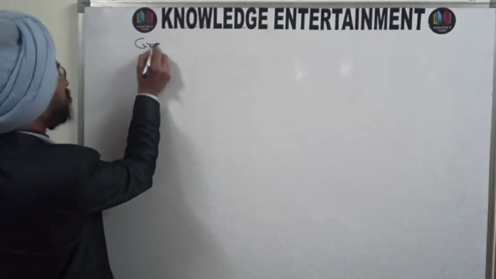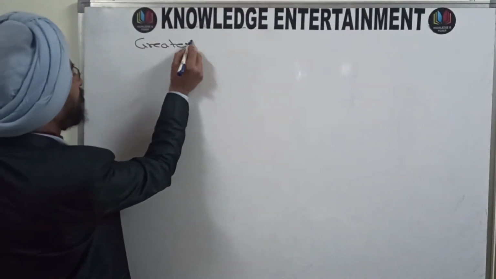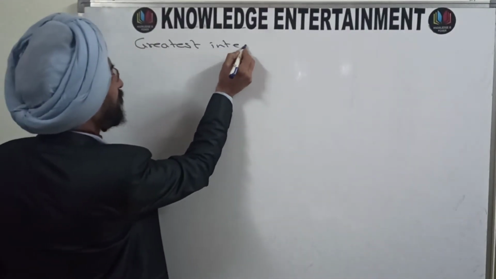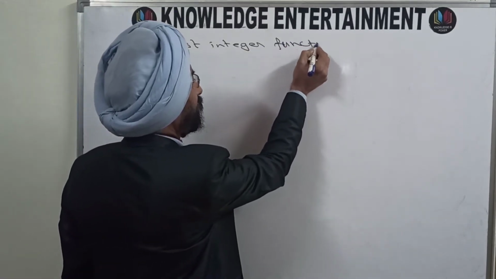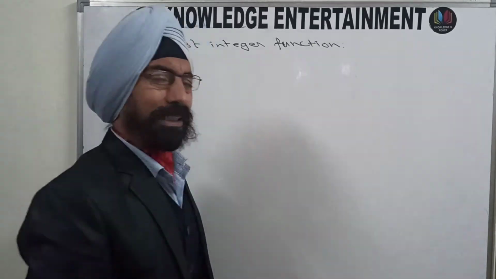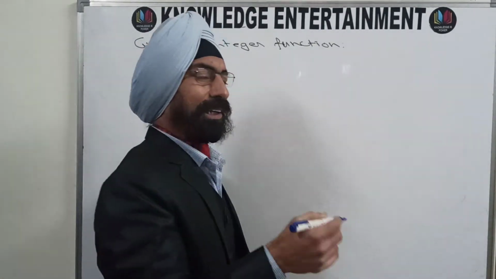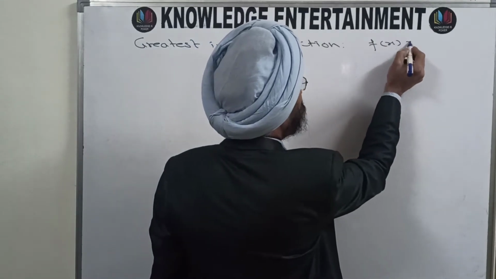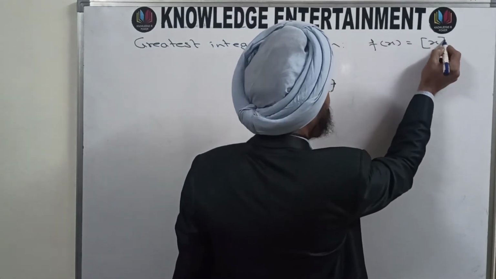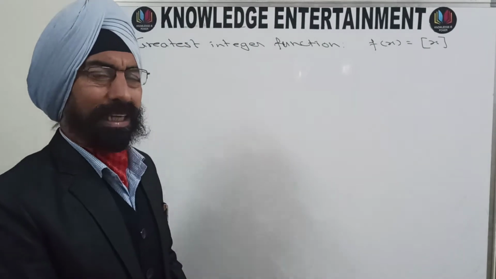So let us see what is greatest integer function. Basically it is a greatest integer function. F of x is denoted as box x. And what is box x?